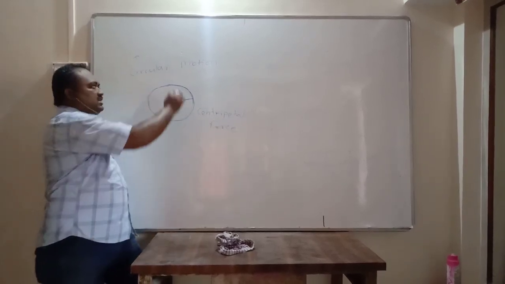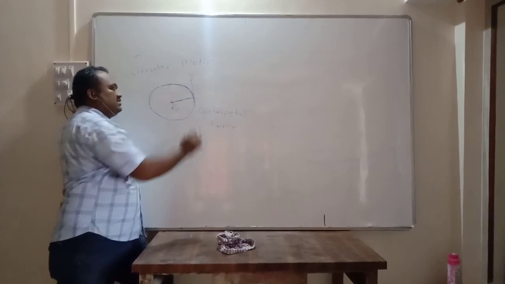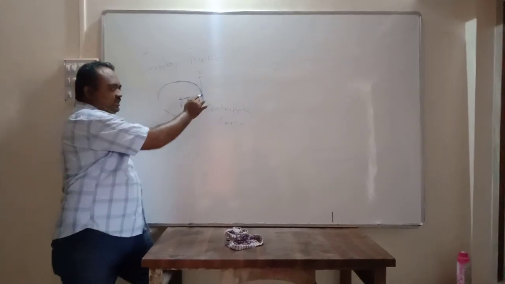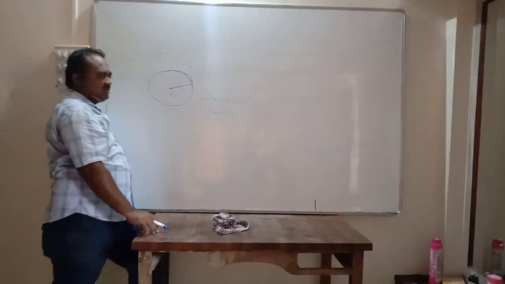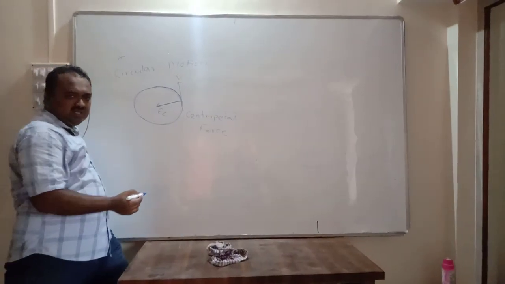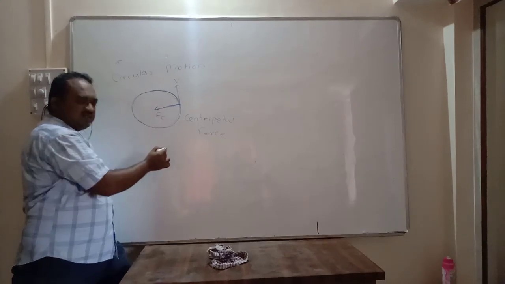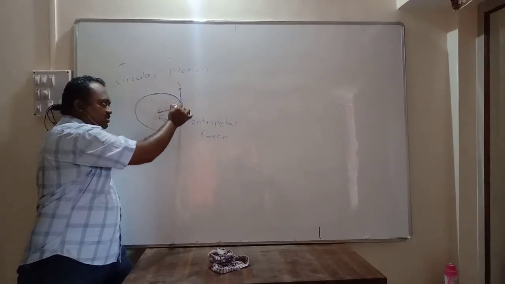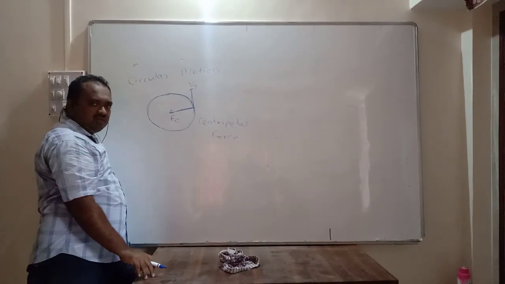Okay, and in circular motion the direction of velocity is tangential to the circle. These are the 2 necessary conditions in the circular motion. One is the force should be centripetal, that is acting towards the center, and the velocity should be tangential velocity. These are the 2 conditions required for circular motion.